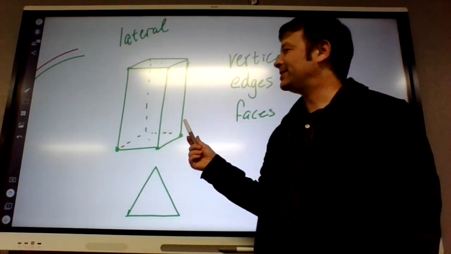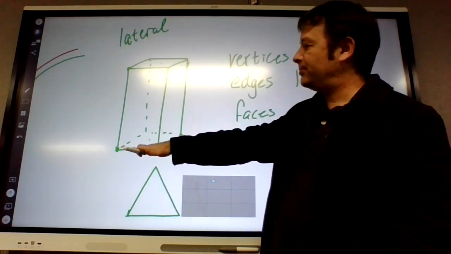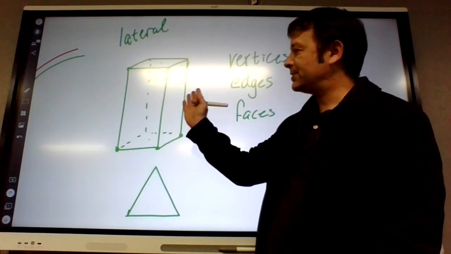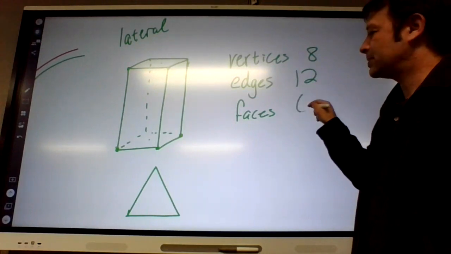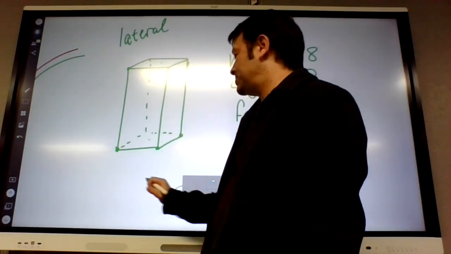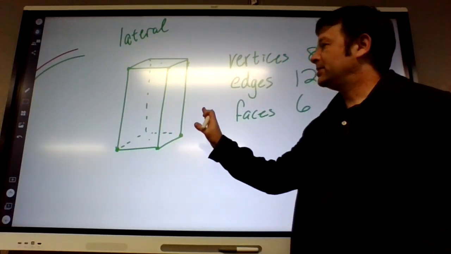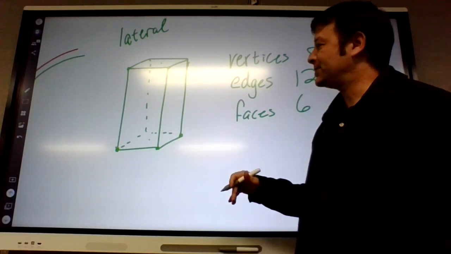How many faces does it have? 6. How many on top? 1. How many on bottom? 1. How many lateral faces? 4. So all together, 6. It turns out that there's always a relationship when you have these, called polyhedra, 3-dimensional flat surfaces.